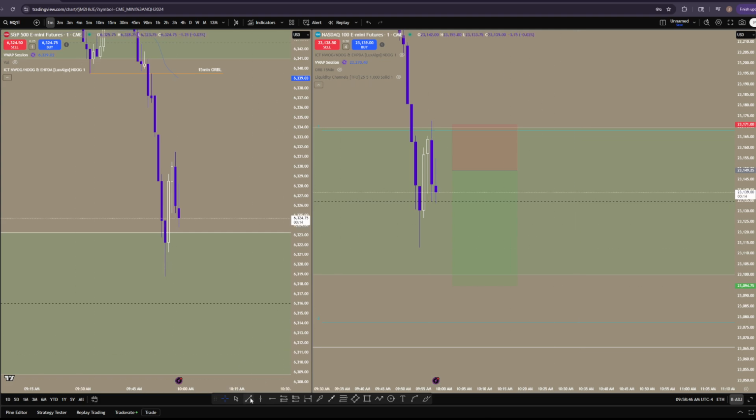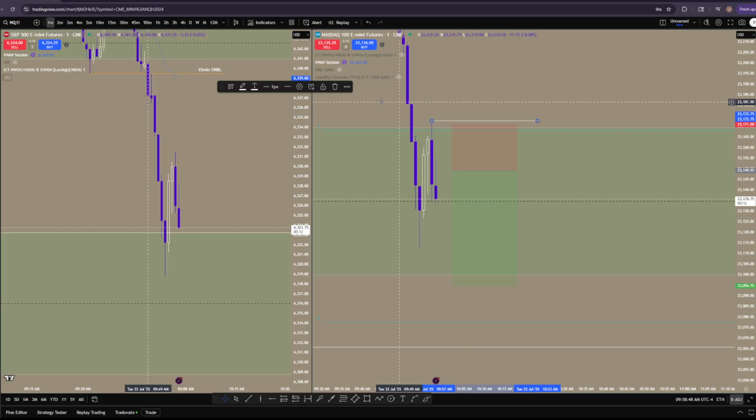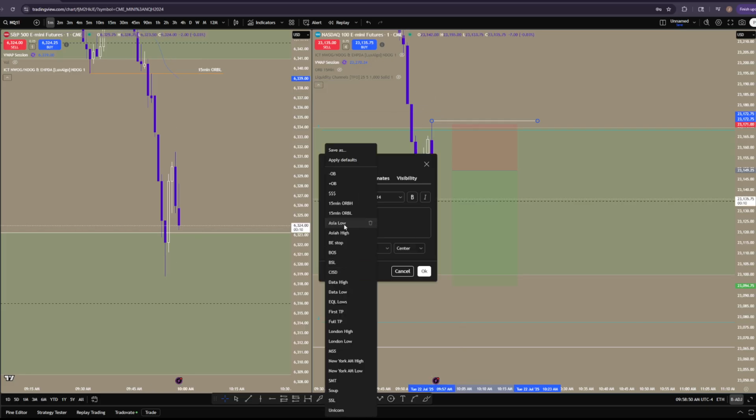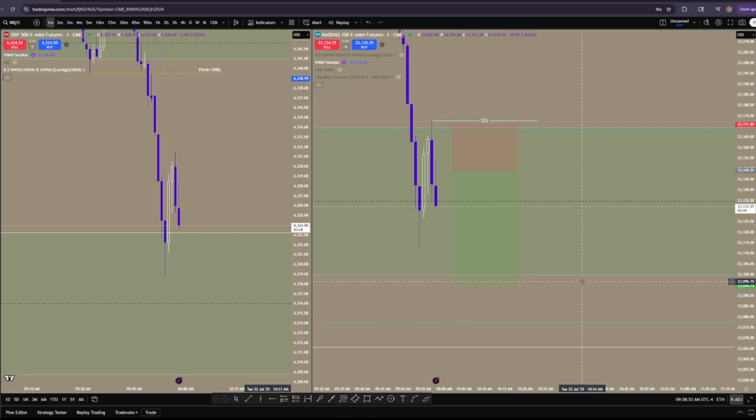Obviously, if you want to be aggressive, more risky, you could take the shorts already. That's the more risky, aggressive entry. Might play out in your favor with how aggressive these sellers are.